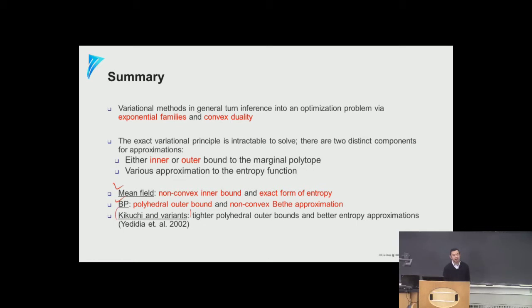It's a classic technique also invented by physicists, which allows you to do a lower granular approximation by defining something called a Kikuchi free energy that is a little bit more accurate than the Bethe free energy. But rarely do people use this technique now, so I'm going to pass that.